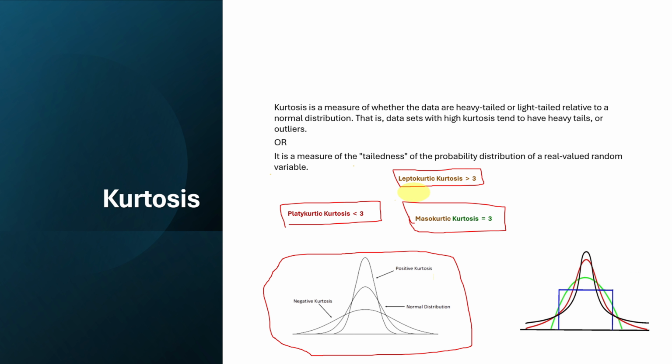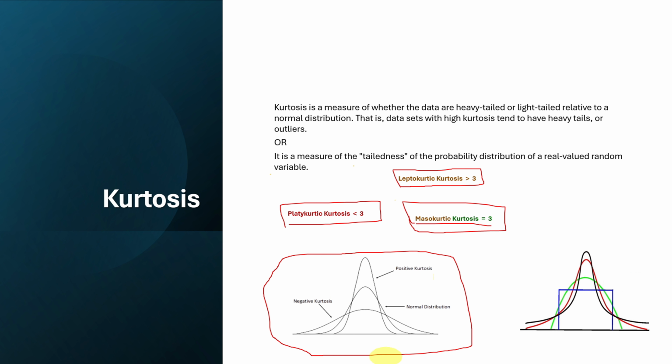When your value equals 3, it will be a normal distribution and your distribution will be like this. If it's less than 3, then it's negative and your graph will be like this. But if it's greater than 3, then it's leptokurtosis and it will be skewed like this all the way up.